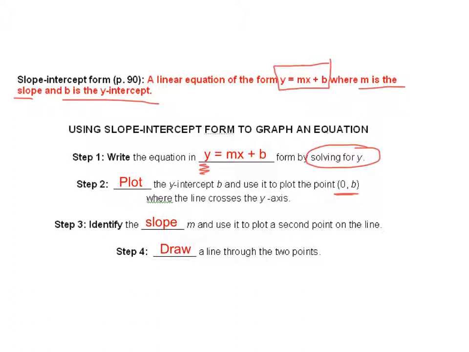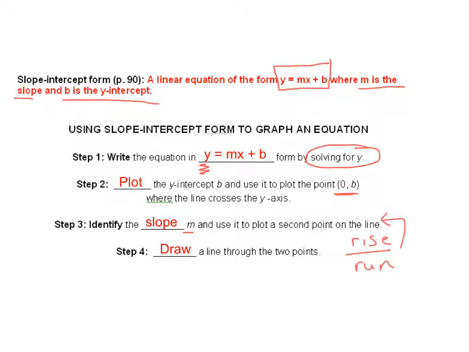We're going to identify our slope, which is your m value. And I always count it off as a rise over a run. This is the definition of slope I'll be using in this lesson. And the last step is I connect the points that I've drawn. So you draw a line to connect your points. Again, you should be drawing lines for the majority of tonight's assignment.